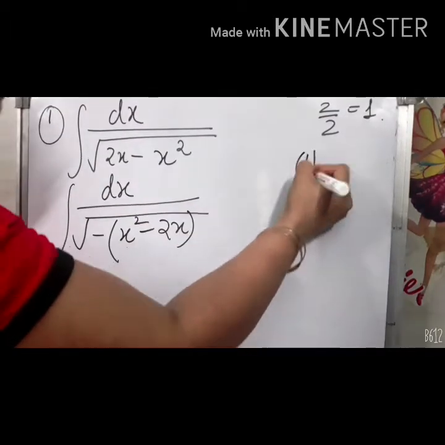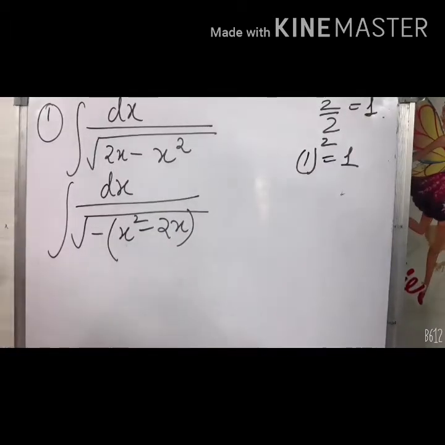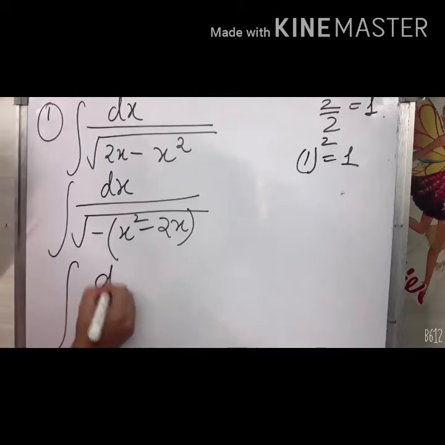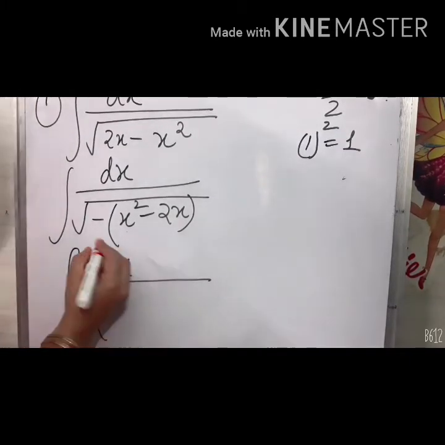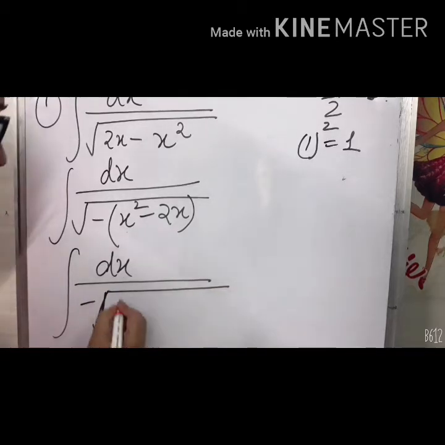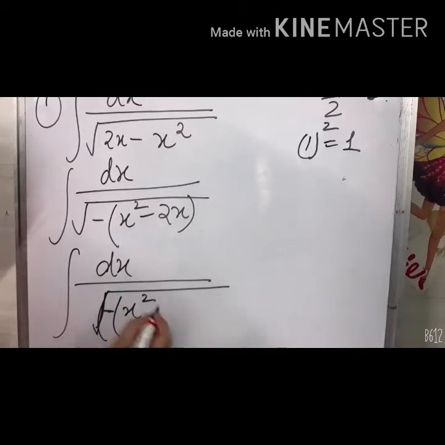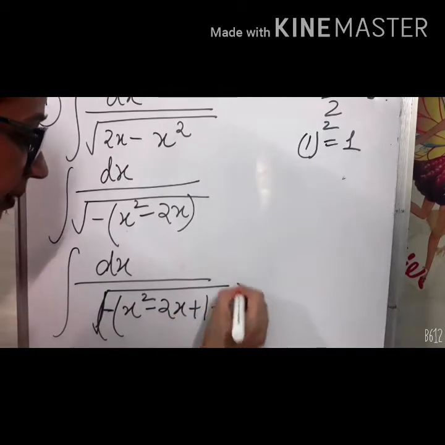Then square that term, 1 square is 1. Add that part and subtract that part. I think now you remember what I was telling you. This becomes minus under root of x square minus 2x. I said add and subtract.